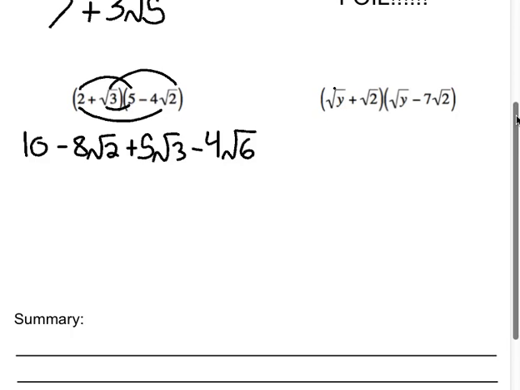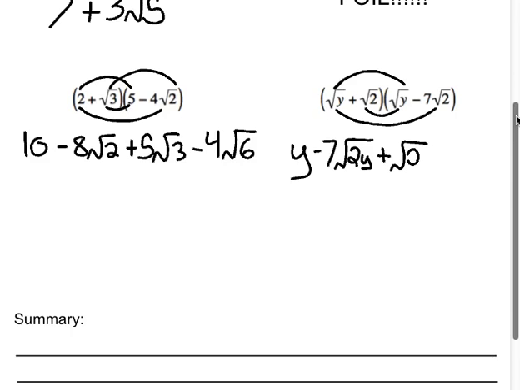Square root of y times square root of y will be square root of y squared. But again, hopefully you recognize that right away as just y. Then here, the negative 7 stays out front, and the 2y combine. Here, the 2y combine again.